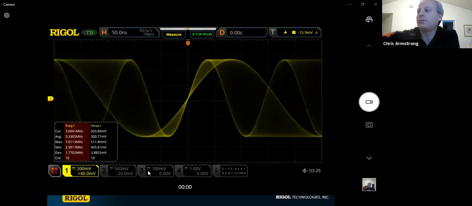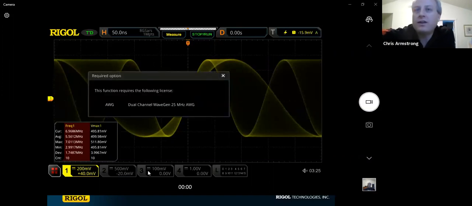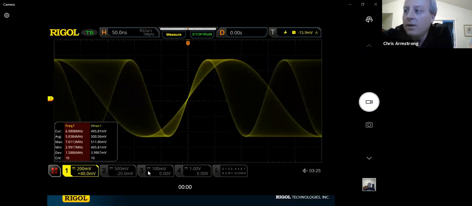Yeah, just a couple of quick notes while we're on the scope here. The other nice thing about the way RIGOL does this is that we're giving away essentially all the options on these scopes these days. So if you buy a new RSA5000, you get the 2-channel arbitrary waveform generator built in, turned on. That allows you to do Bode plot frequency analysis as well, so you can look at filters.